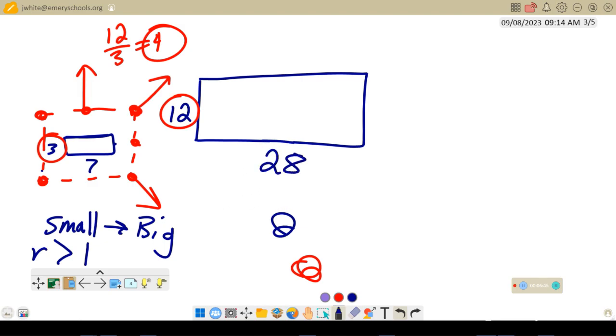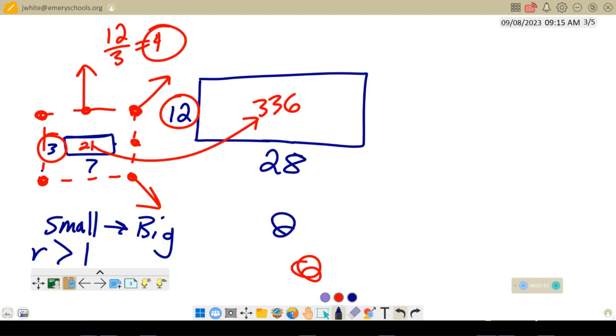Okay. What about the area? Is the area 4 times bigger? Well, what's the area of the small one? 21. Oh, good. So the area of this is 336. So what happened between 21 and 336?